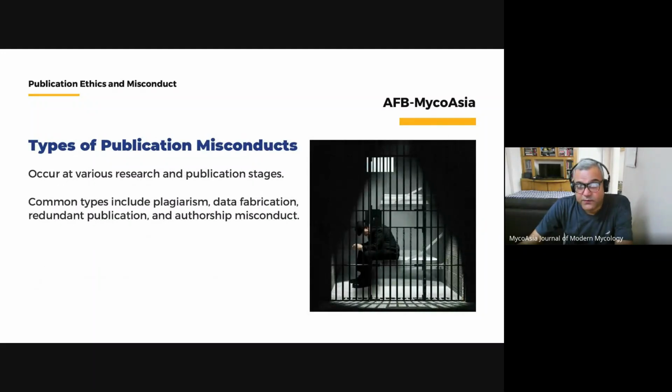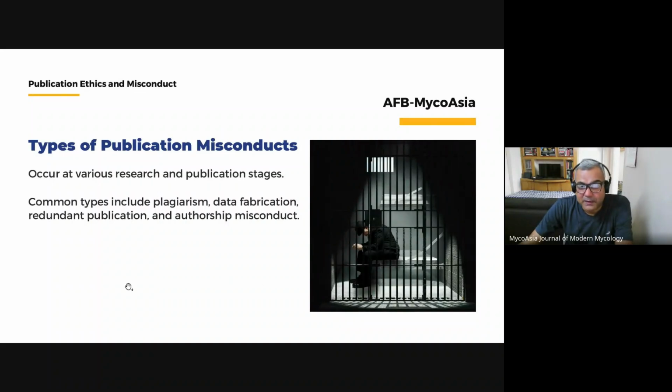There are many types of publication misconducts. If you Google, especially Google News, you search for scientific publication misconducts, you will get to know different kinds of misconducts happening every day, and people losing jobs, losing reputation, getting demoted because of publication misconducts.